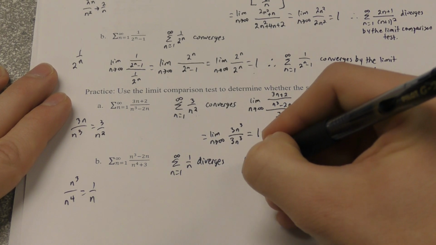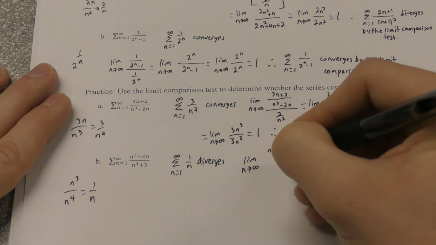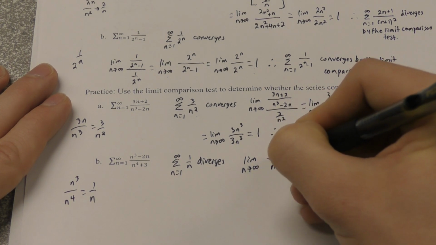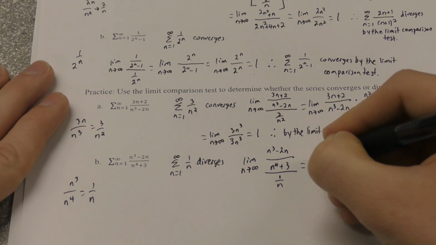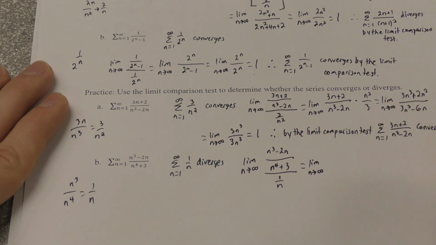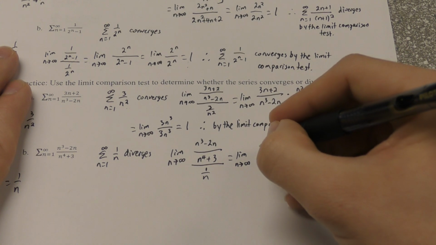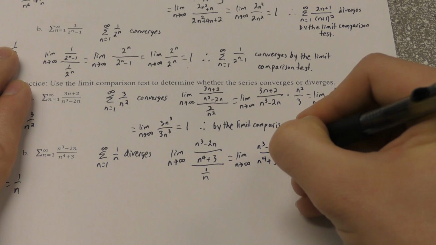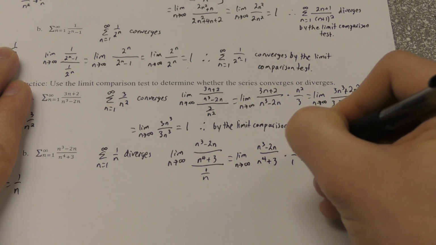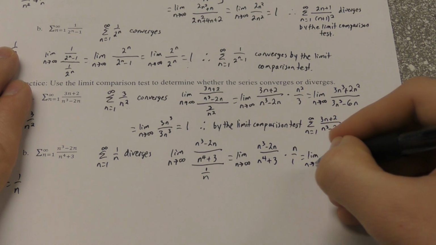The limit as n approaches infinity of (n cubed minus 2n) over (n to the fourth plus 3), over 1 over n. Multiply by the reciprocal: (n cubed minus 2n) over (n to the fourth plus 3) times n over 1. Distribute n, that's times 1, so that's not bad.